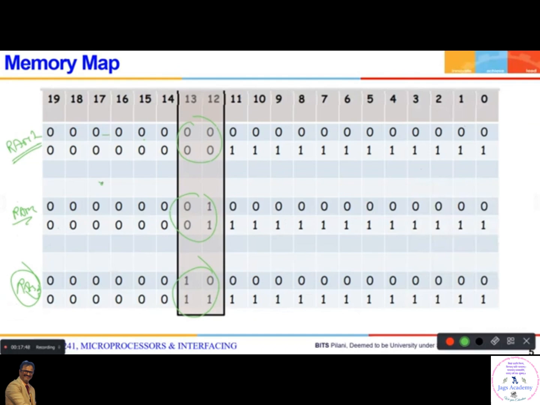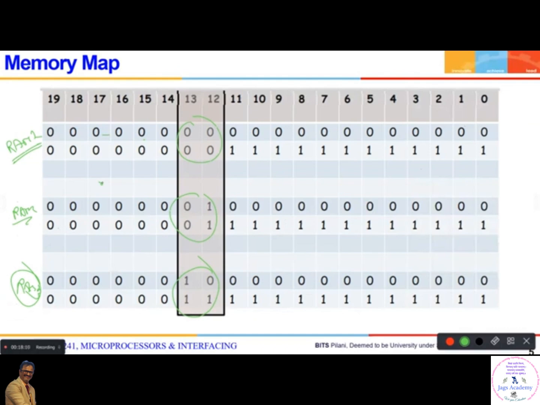In one case it is giving 10, in another case it is giving 11, right? So use a NAND or AND gate, a combination of this, to get the output from the decoder logic.